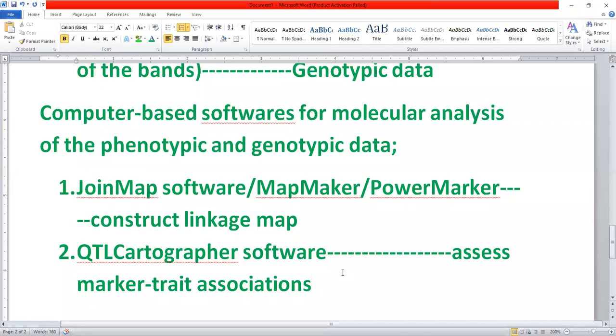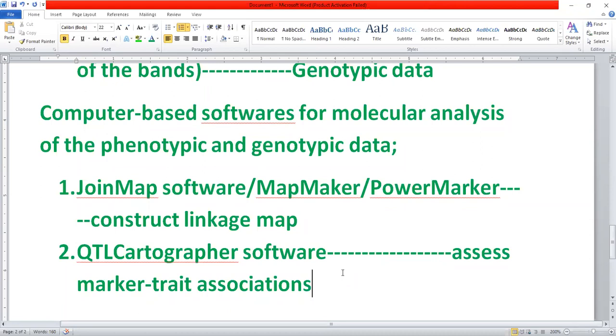So this is the total procedure by which we can identify the genes involved in a quantitative trait, a trait governed by many genes, and these many genes can be identified with the help of a QTL mapping procedure.